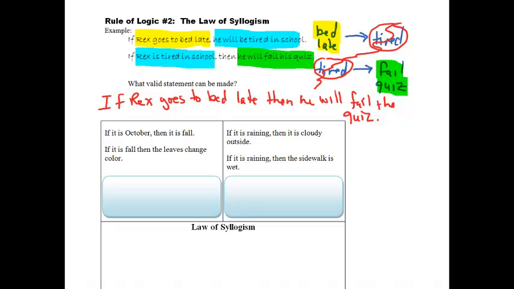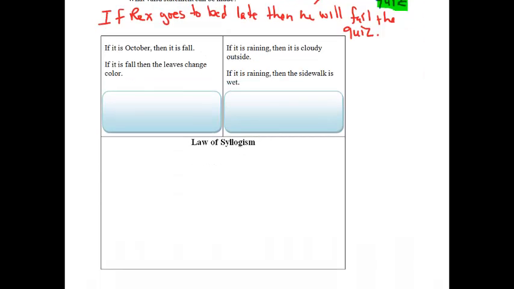Let's take a look at another example. If it is October, then it is fall. And if it is fall, then the leaves change color. So October implies that it's fall, and fall implies that the leaves change color. What valid conclusion can we make?